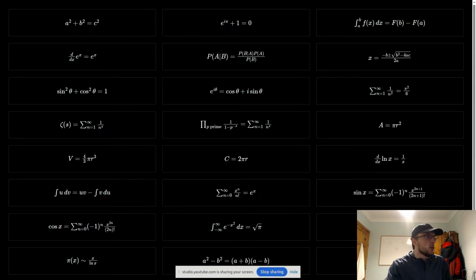Next, we'll look at some geometric formulae. The first is a rectangle.